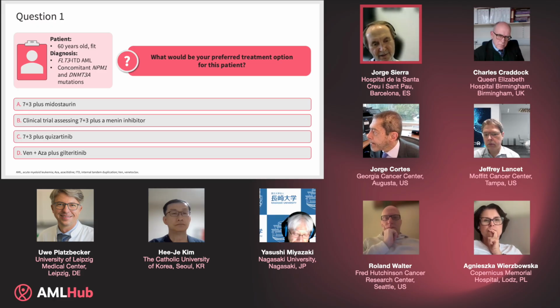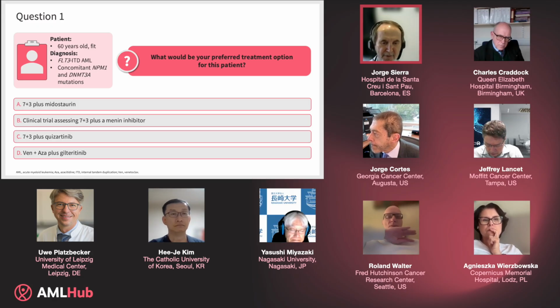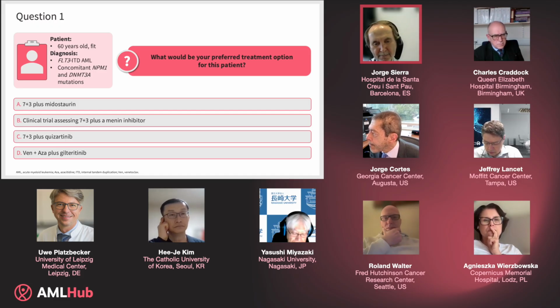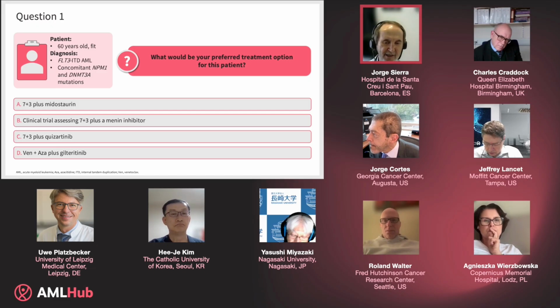The possible responses are 7+3 plus midostaurin, a clinical trial assessing 7+3 plus a menin inhibitor because there is concomitant NPM1, 7+3 plus quizartinib, or, despite the age, given that the patient is fit, and taking into account the study presented as plenary at ASH showing advantage of Ven/Aza versus intensive chemotherapy, the last option would be Ven/Aza plus gilteritinib.